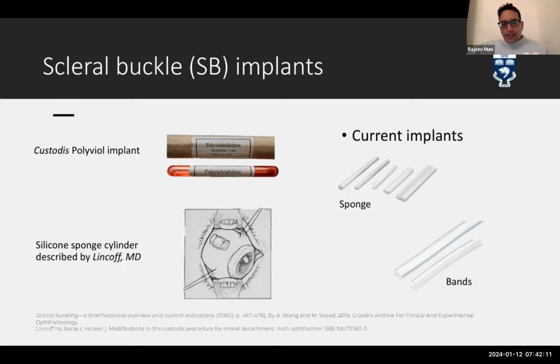And then the heat also allowed coagulation, which closed the break. All of these techniques relied on subretinal fluid drainage, and it was assumed that you had to get rid of that fluid for the retina to attach.